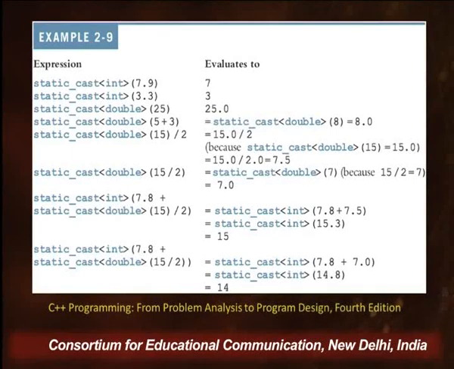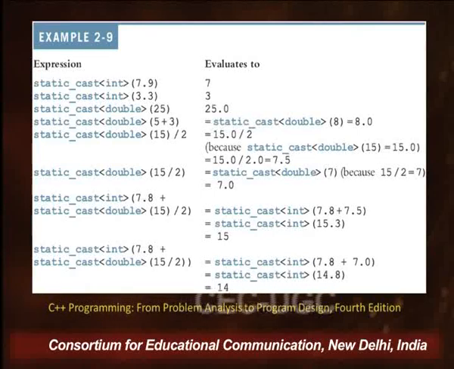In the next example, 3.3 is again cast to integer. The third example says static_cast double 25. Double is basically a floating point data type, so this will give 25.5.